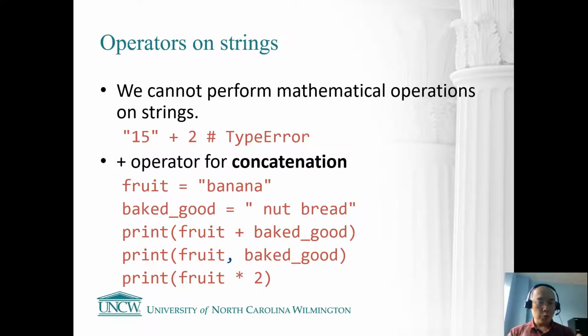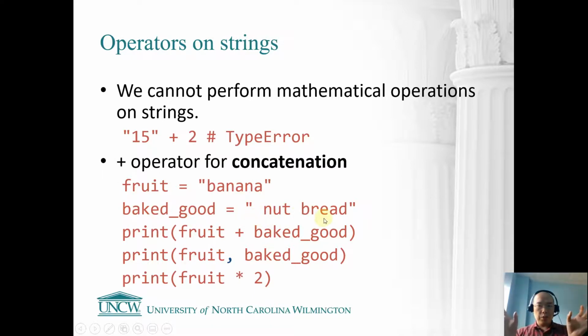However, if you do have a string plus another string, in Python that is called concatenation, and string concatenation is supported in Python. Say I create a variable called fruit, banana, and then I create another variable called baked good, which is a space and not bread.